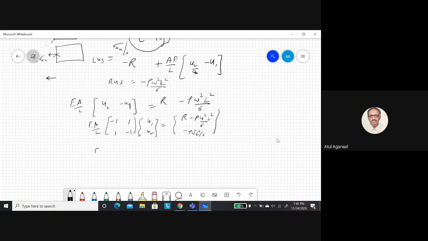Now you can write it as, if you multiply the first equation with the minus sign, you will get 1 minus 1, U1, and here you will get similarly.